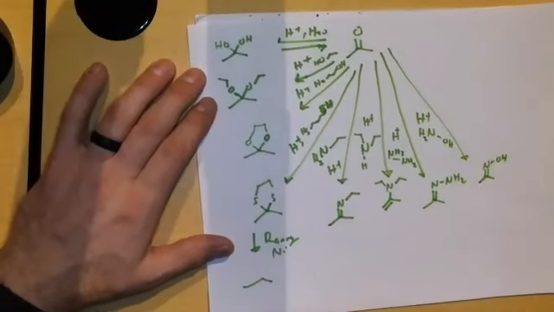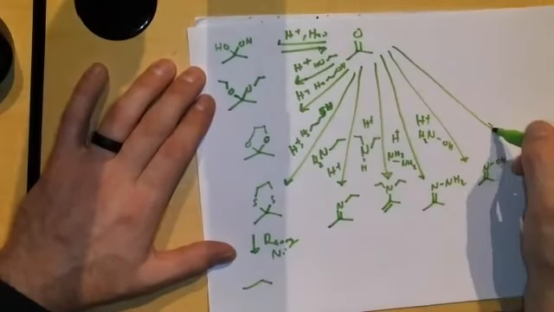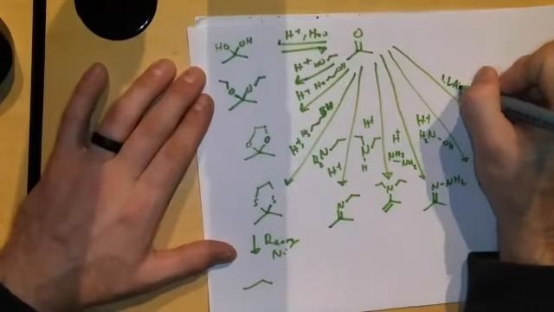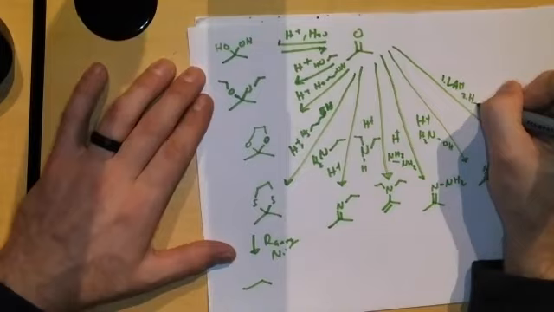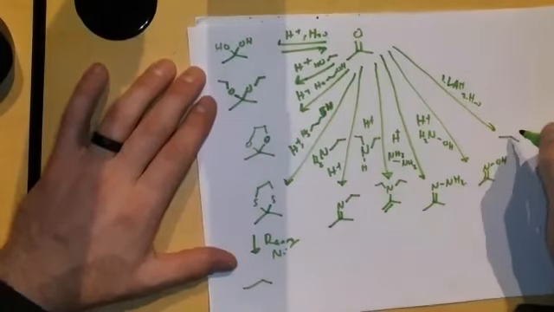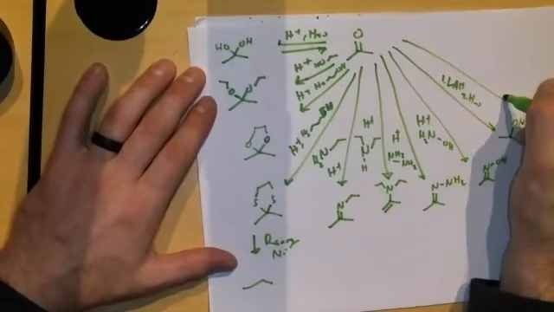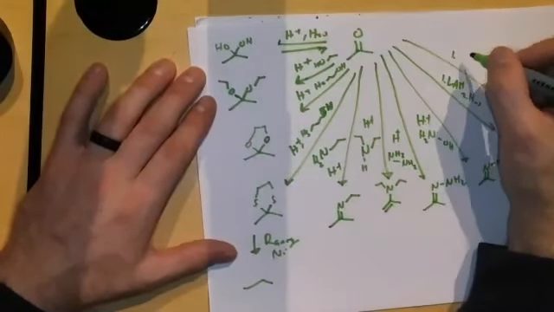And then our last couple reactions, throwing in LAH. Water lets us reduce this. Grignard lets us alkylate it.